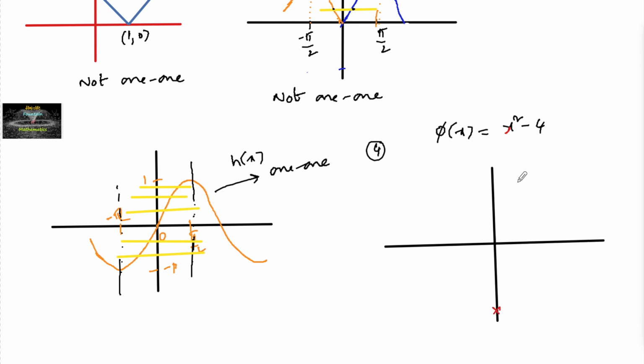So this is the point. And x square minus 4 is equal to 0 for x equal to plus or minus 2. So I can take these as minus 2 and plus 2. So the graph can be taken. This is how the graph looks.